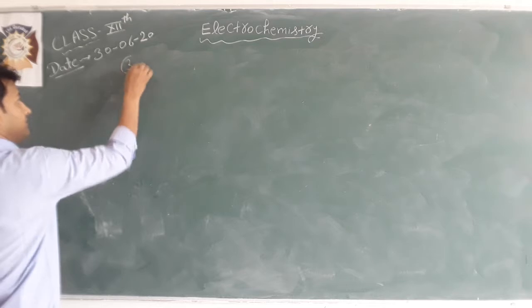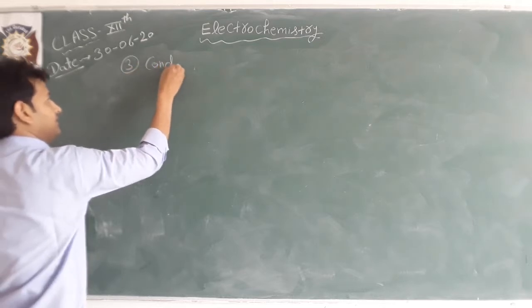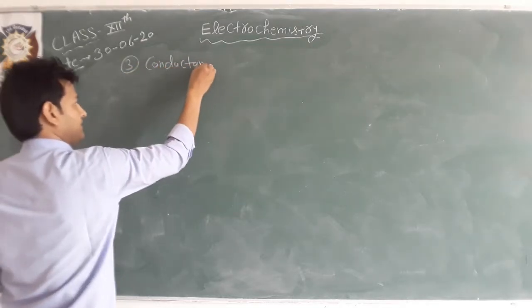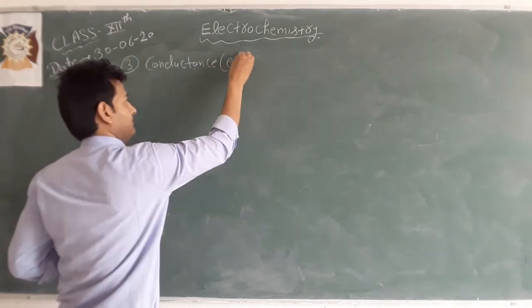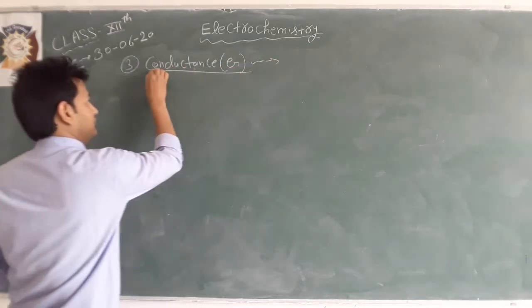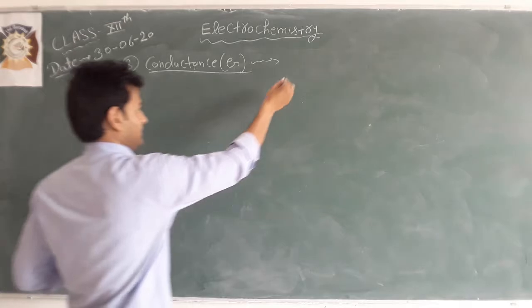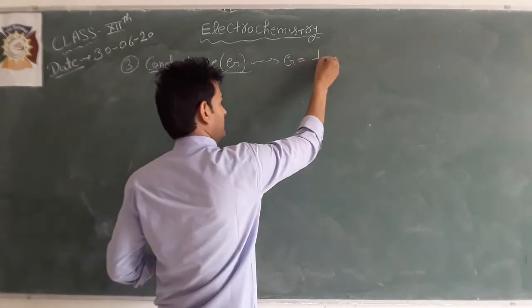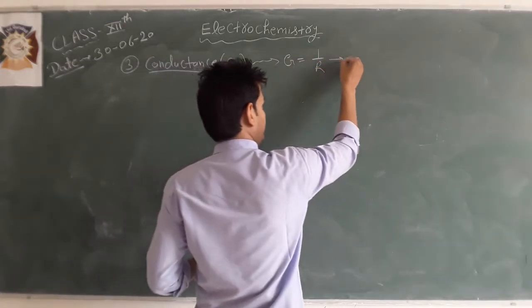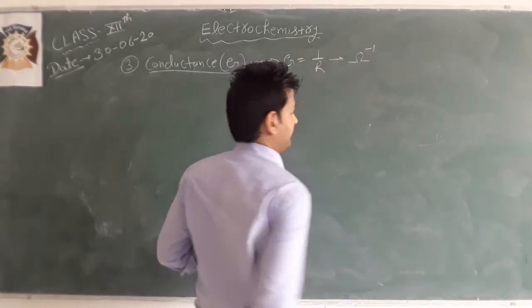Third term is conductance, and conductance is represented by G. So what is conductance? Conductance is reciprocal of resistance. So its unit is ohm inverse.